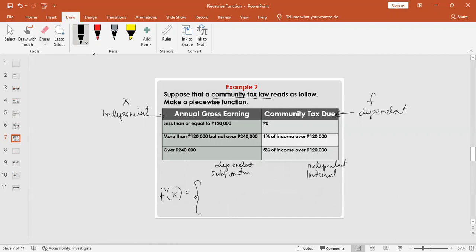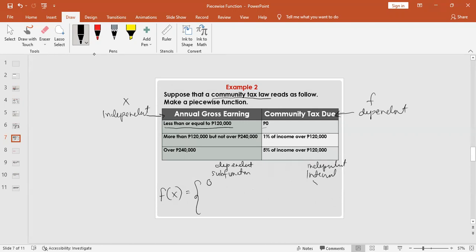So, what will be our first subfunction? It is, napakasimple lang, 0 pesos. So, we will just write here 0. Kailan daw magiging 0 yung tax due nyo or community tax? Kung ang annual gross earning nyo ay less than or equal to 120,000 pesos.